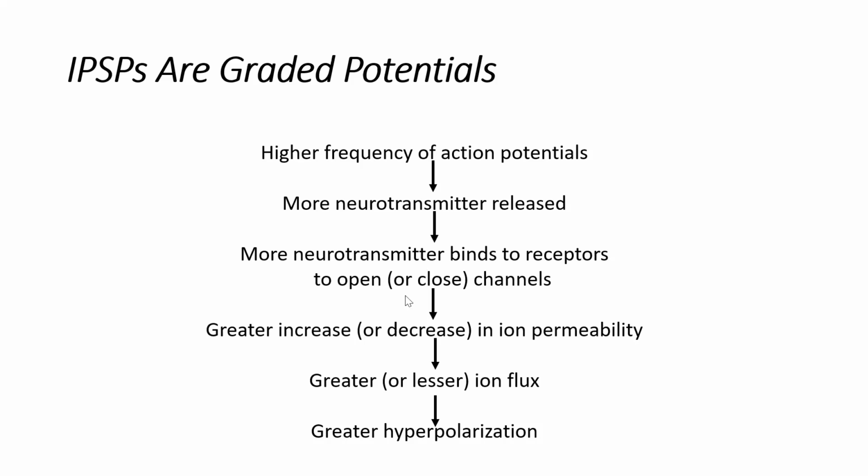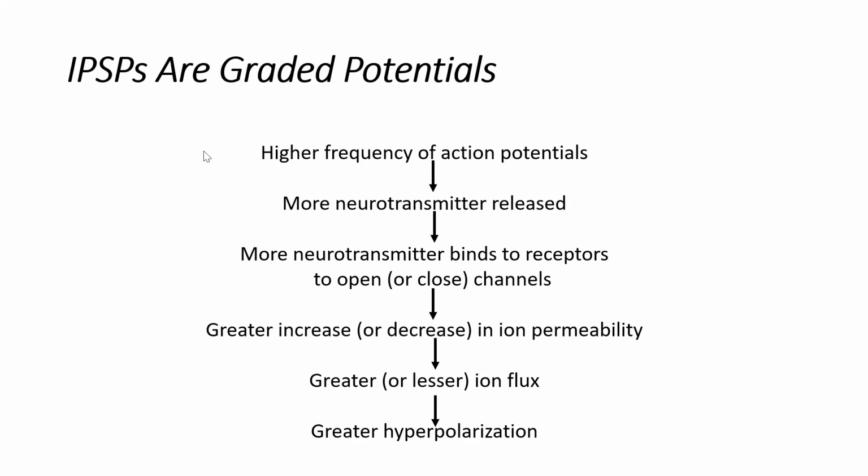So if I were to close a sodium channel or close a calcium channel, that would cause a decrease in the ion's permeability, which means less of that ion being moved, right? Less ion flux, but that would also constitute a greater hyperpolarization or an inhibitory postsynaptic potential. Okay, so we can think about the opening up of the channel leading to an IPSP, right? Or the closing of the opposite types of channels also leading to an IPSP.